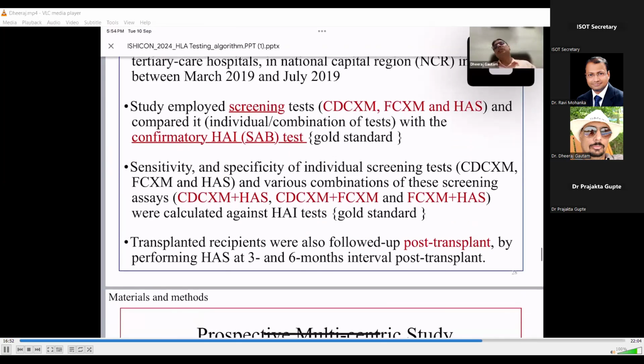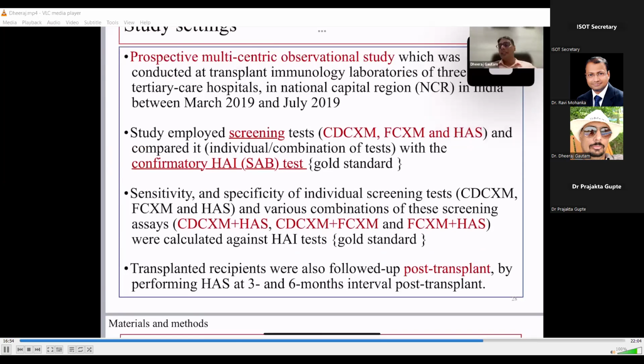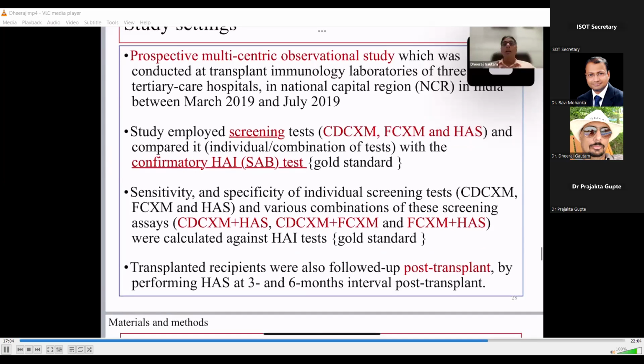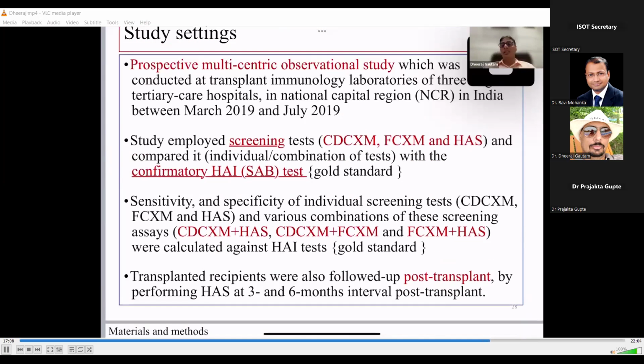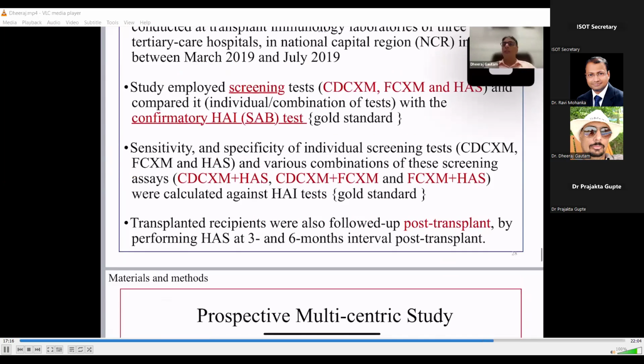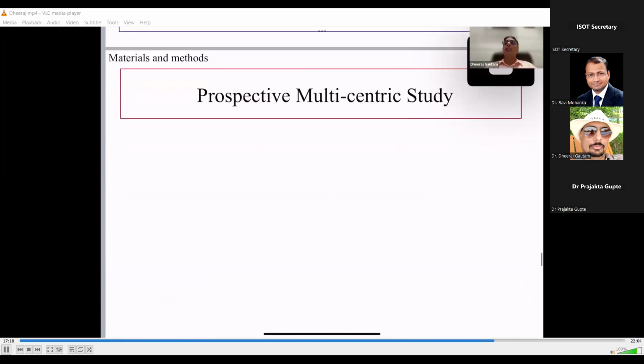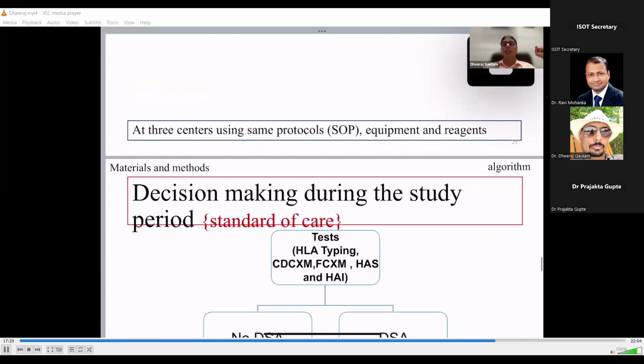Sensitivity and specificity of the individual screening tests, that is CDC, flow cytometry, and HLA, and various combinations of these screening assays, were calculated against the HLA test. Transplanted recipients were also followed up post-transplant by performing HLA testing at 3 and 6 month intervals. So this is a prospective multicentric study.